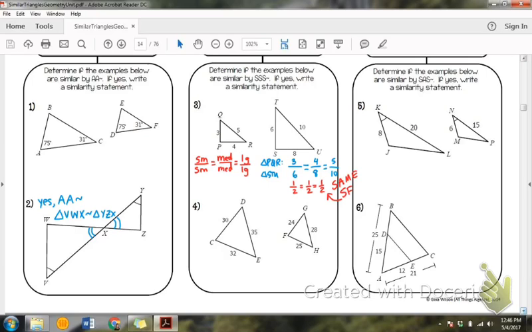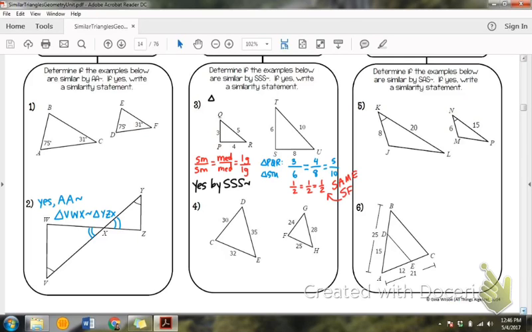So I would say yes. I know I didn't give you very much room to write. By side, side, side similarity. And then maybe up top we'll write our triangle similarity statement.